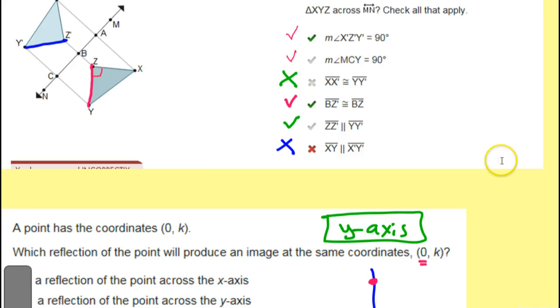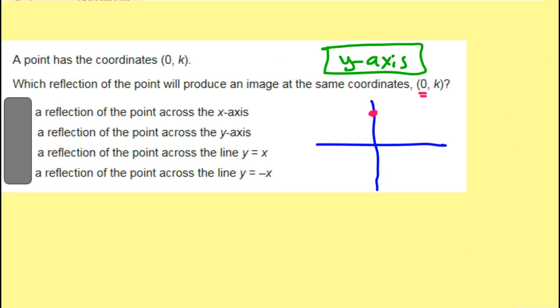Oh, I didn't know it was going to move like that. Say if I did a reflection over the line y equals x, that would be here. All of these things would change. Only a reflection over the y-axis is not going to move you because you're on the y-axis. So that's why I believe the answer is B or whatever. Let's check it out. That's why this was the answer, y-axis.